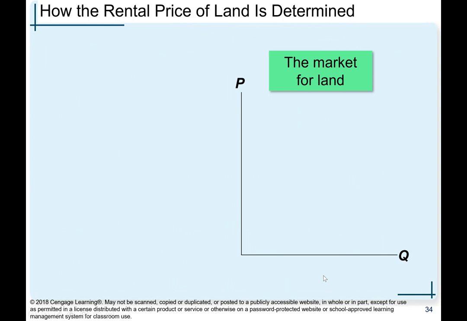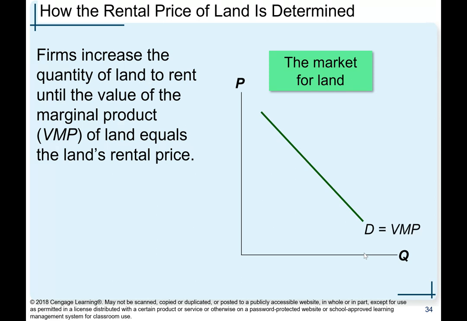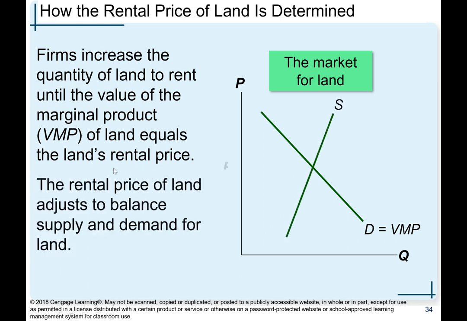How the rental price of land is determined: there is a market for land. That's the demand for land. Farms increase the quantity of land to rent until the value of the marginal product, or VMP, of land equals the land's rental price. The rental price of land adjusts to balance supply and demand for land.